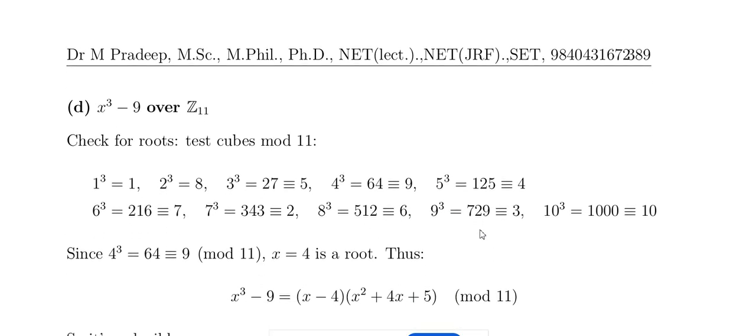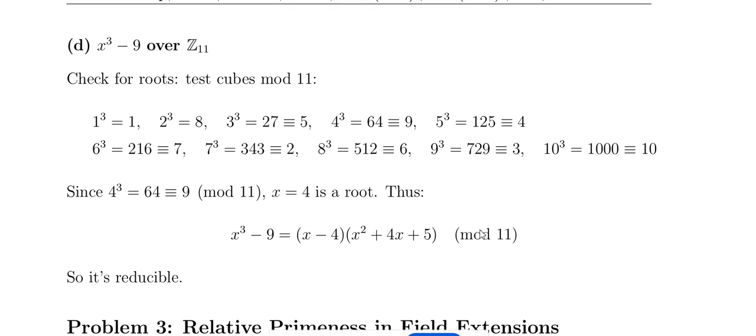The same way, this is over Z11, modulo 11. Here 9 comes, that is 4 cube. 4 cube equal to 64, modulo 11 that is 9, that is x equal to 4.